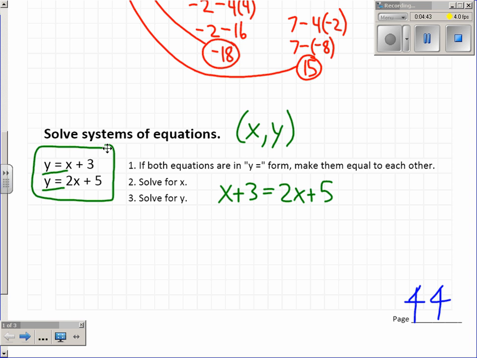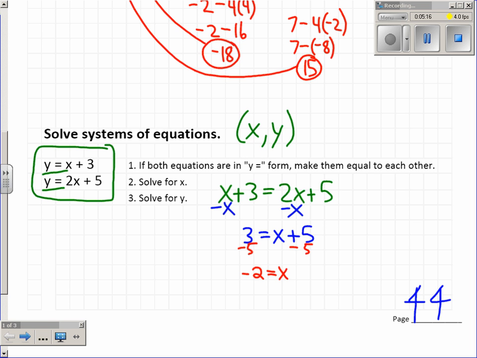All right, step 2 says that we solve for x. So let's go ahead and do that. I'm going to subtract an x there. So I'm left with 3 equals x plus 5. Now I'm going to subtract 5 from each side, and I'm left with negative 2 equals x.